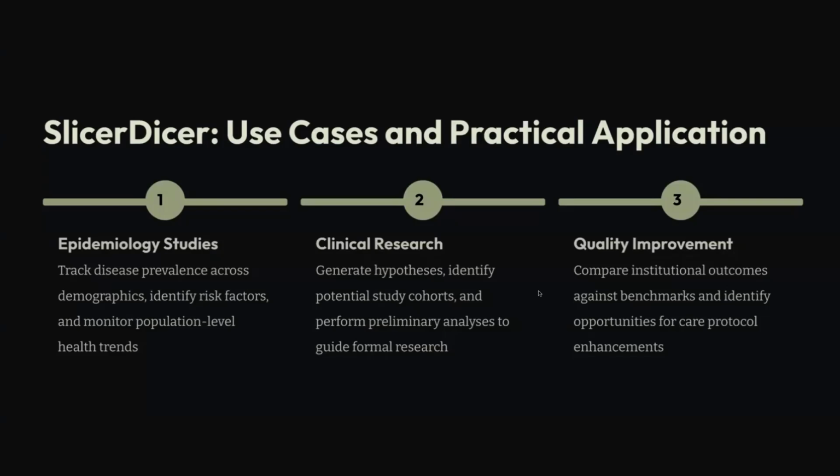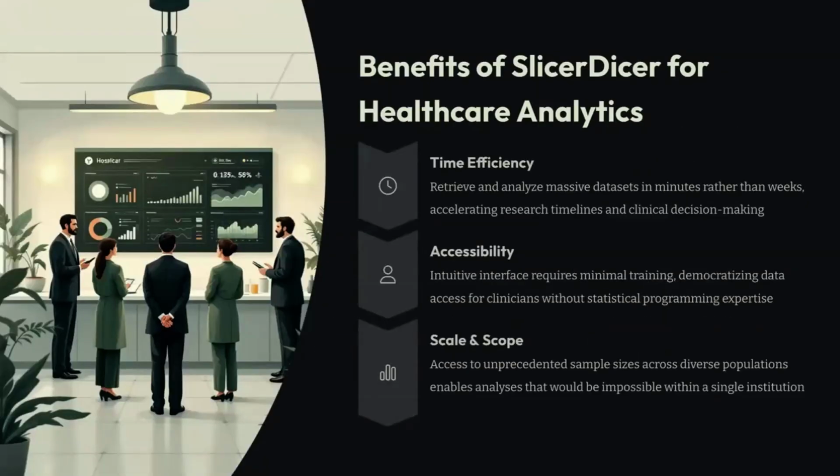For example, if you want to compare boarding times or ESI data, you could do that as well. Basically the benefits of Slicer-Dicer lie in its accessibility and efficiency. You can retrieve and analyze these massive data sets in minutes. It doesn't take weeks.